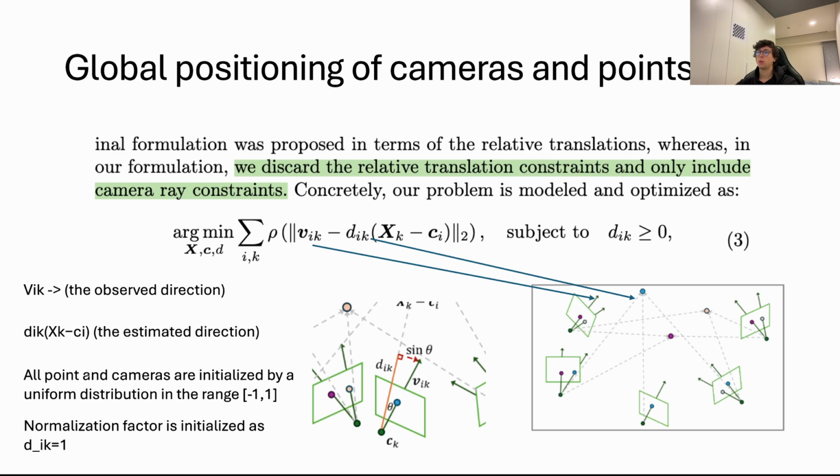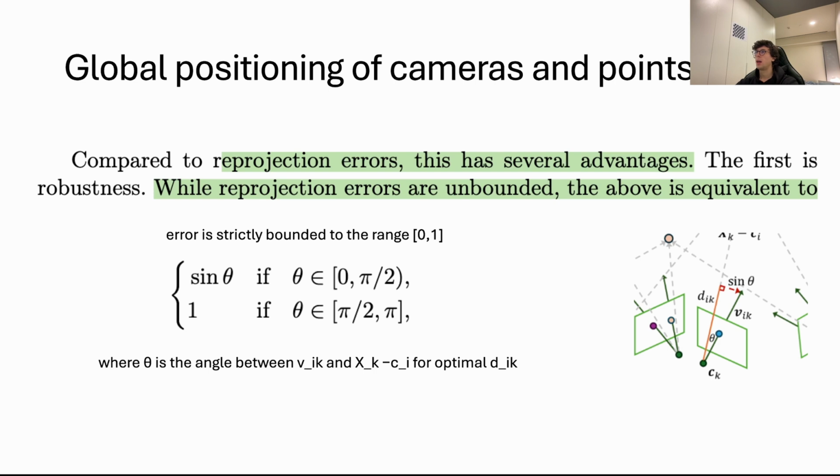So as we said, all the points and camera centers are initialized by a uniform distribution in the range of -1 to 1, and the normalization factor is initialized as 1. So this is the initialization. And they discarded the translation error because it is unbounded, so there could be a big error, potentially infinite.